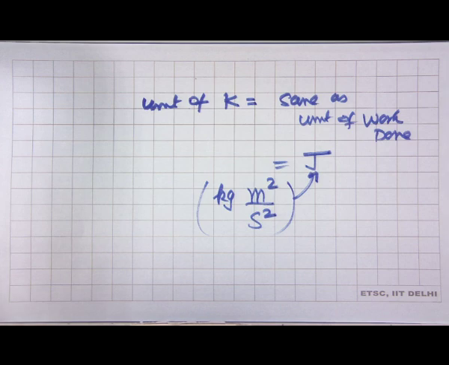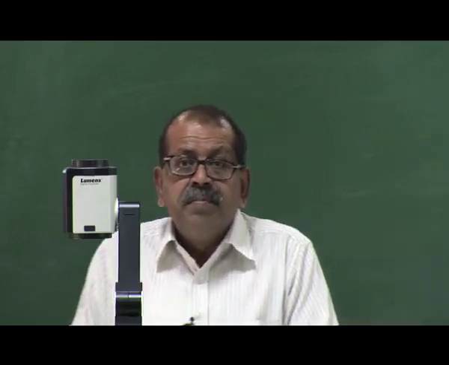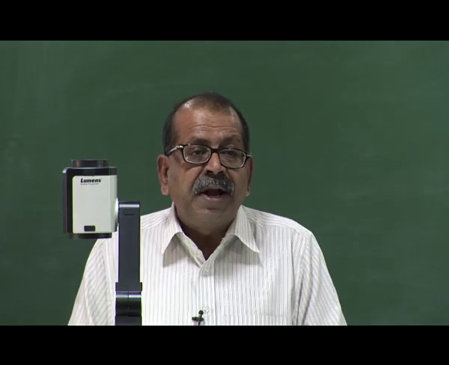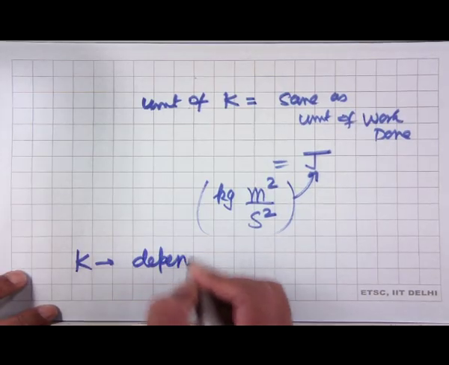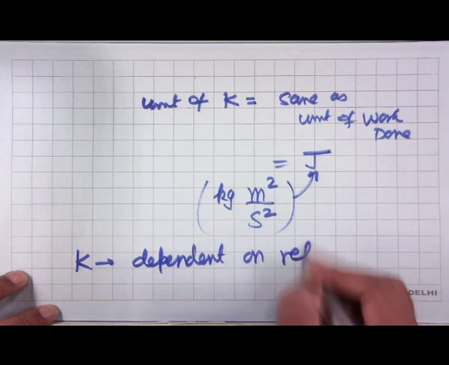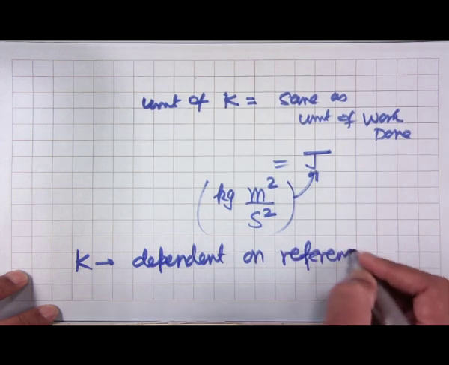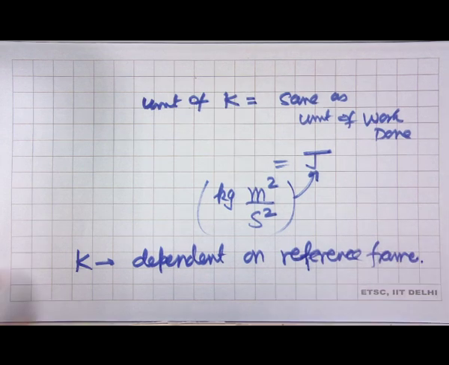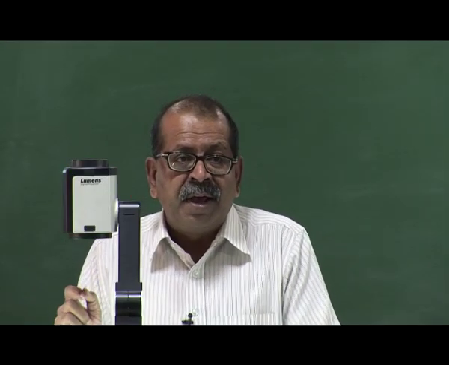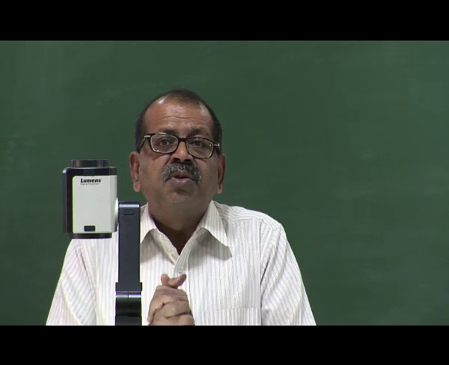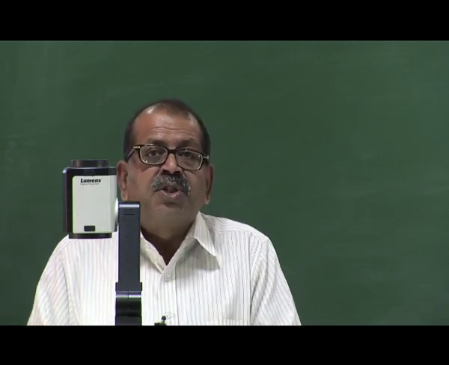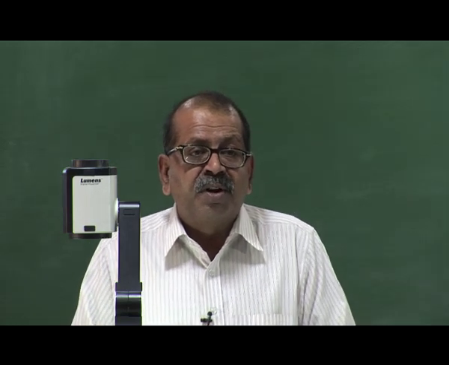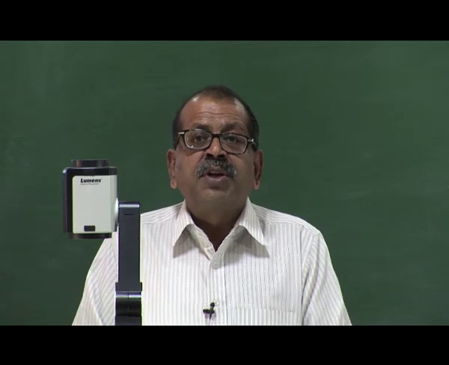Now, once again you will realize kinetic energy, being dependent on the speed, is a frame dependent quantity. So, kinetic energy is also dependent on the reference frame, and the reason why we lay a stress on the reference frame is that Newton's law, F is equal to ma, is valid only when acceleration is being measured with respect to an inertial frame of reference, a frame which is not accelerating.